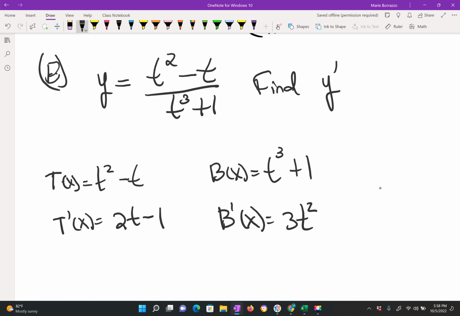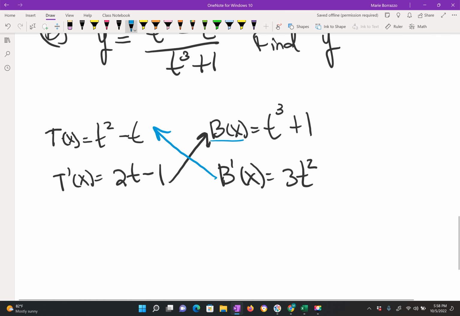Okay, if you remember what I said, you're going to multiply this way first, right? Opposite of product. And then lastly this way with a subtraction in the middle over b squared, right?